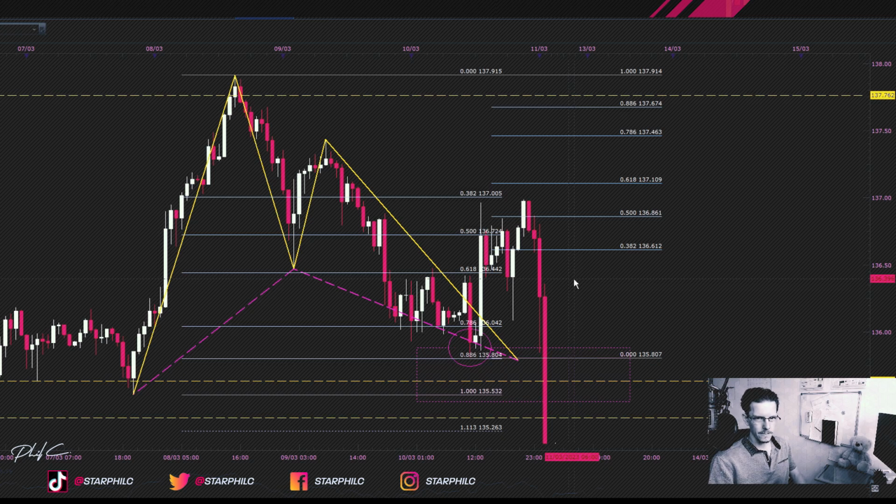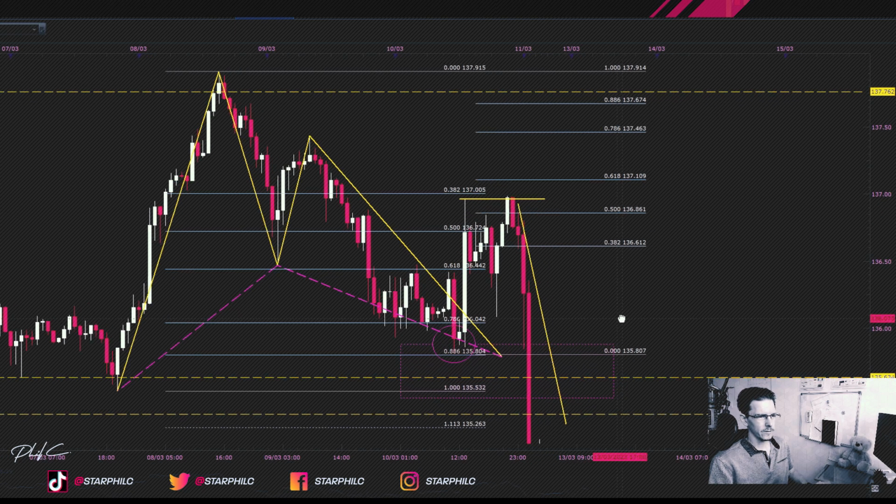Unfortunately for me, price action did roll it. We tested this level again towards these highs, and then price action just completely dropped, right? So we didn't get filled on target 2, and then we came all the way back down, stopping us out for break even.